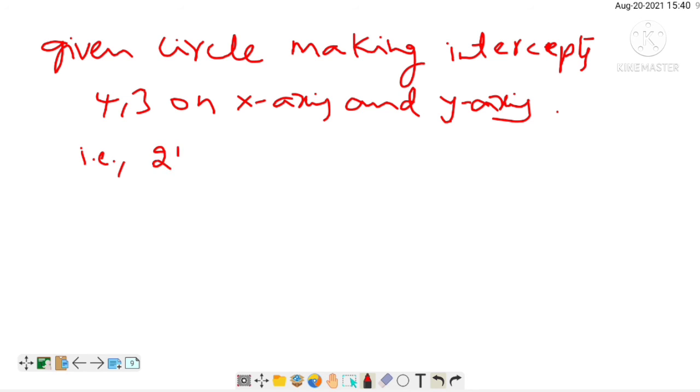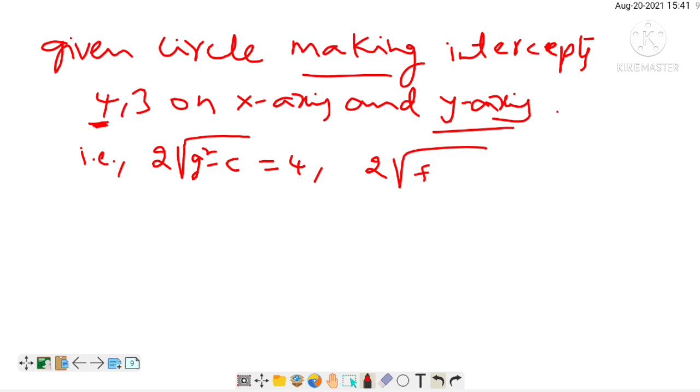So the intercept on the x axis is 2√(g² - c), which is given as 4, and the intercept on the y axis is 2√(f² - c), which is given as 3. Now 2√(g² - c) = 4, so √(g² - 0) = 2.